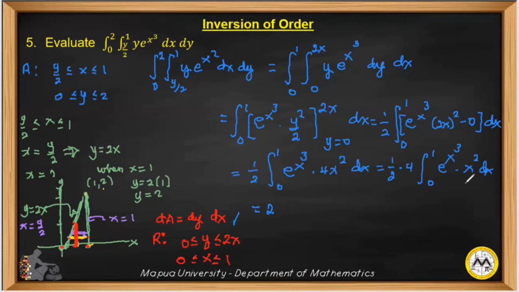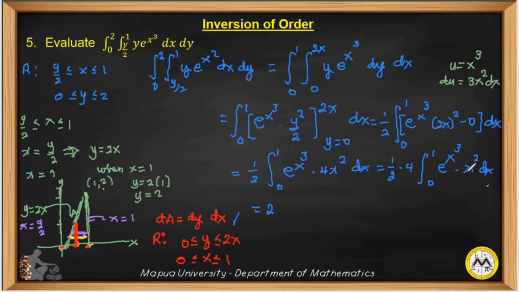And we can evaluate the integral by using the formula: the integral of e to the u du is e raised to u. And take note that if we let u equal x cubed, its differential is 3x squared dx.